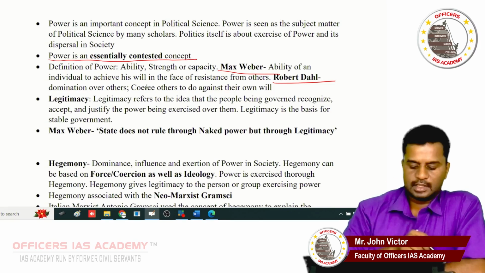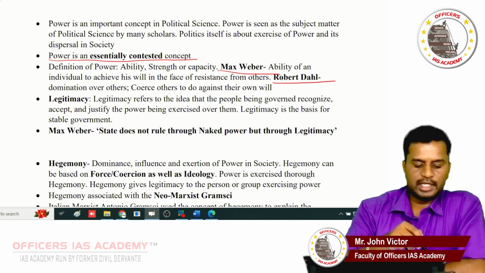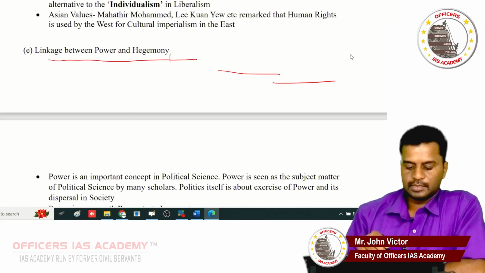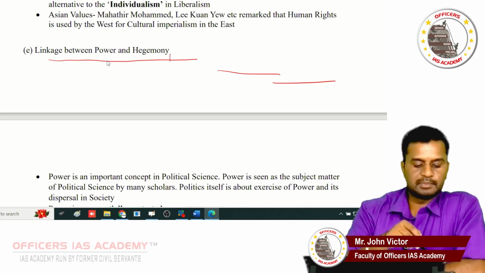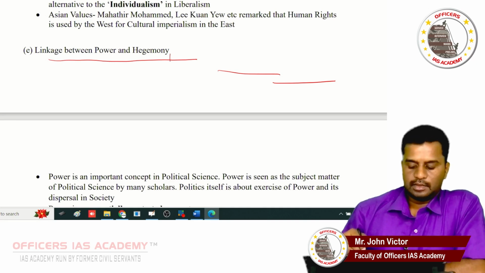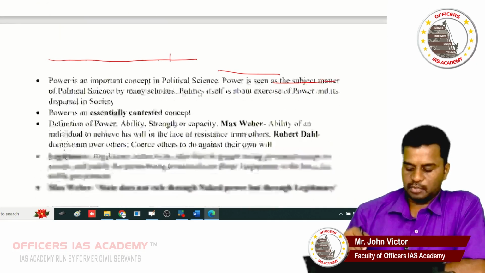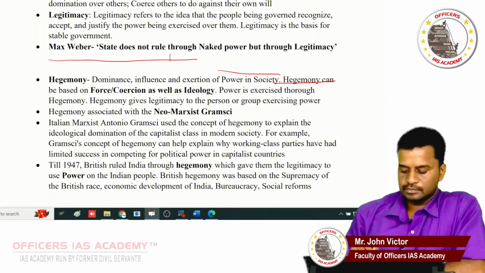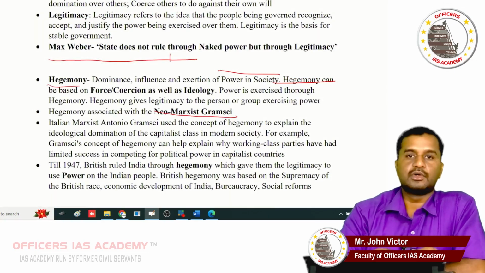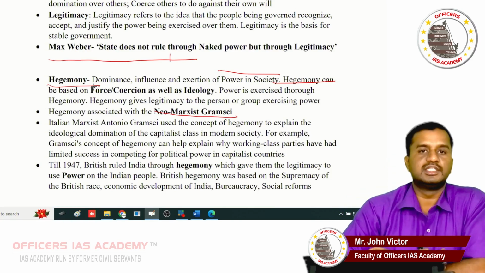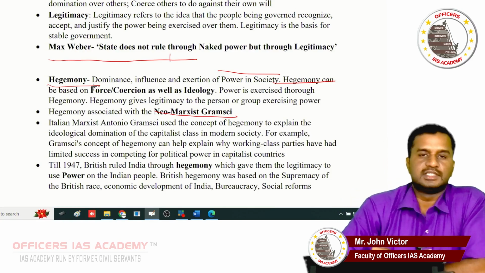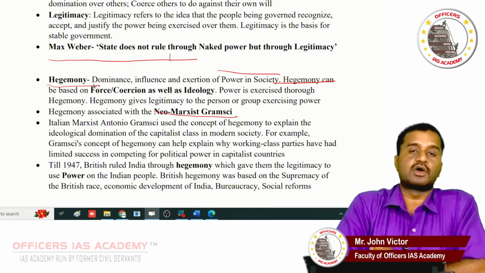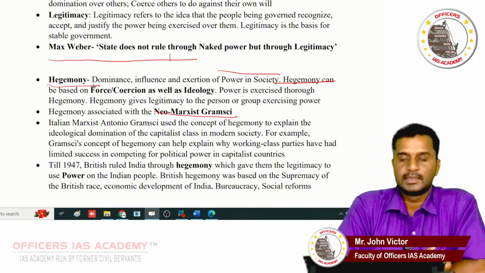Next, using hegemony, countries can better exercise power. Now relate hegemony with power. As far as hegemony is concerned, the most important scholar is Gramsci, the neo-Marxist. According to Gramsci, the state wields power not just using force or violence, it also uses another concept called hegemony.